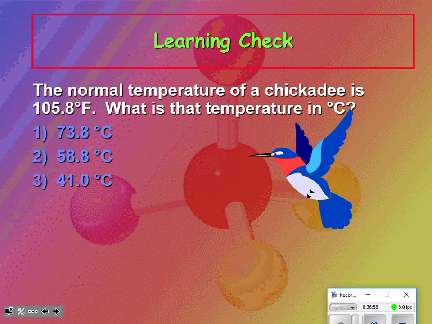Oh, don't everybody scream it out at once. A, B, or C. 1, 2, or 3? All right, that's a little better. 3, okay? 41.0 degrees Celsius.